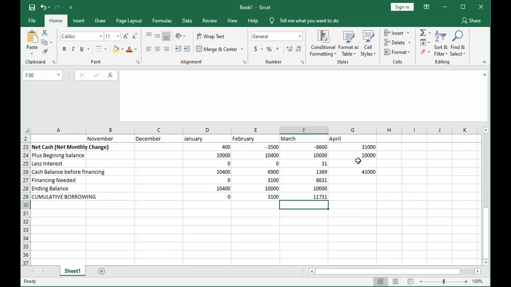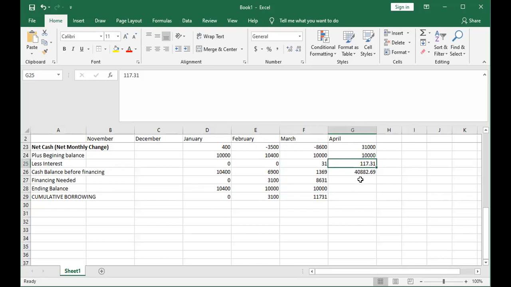So in the following month, the interest that you need to pay is 117.31. Why 117.31? Because the previous cumulative borrowing is 11,731 times 1%.